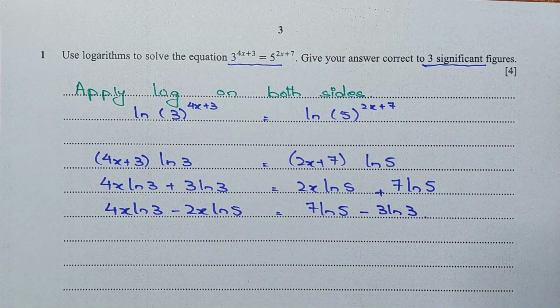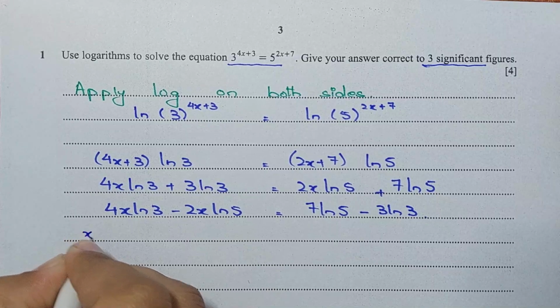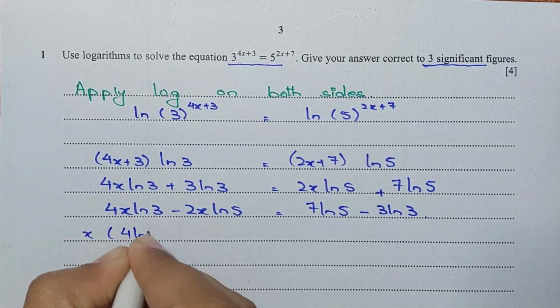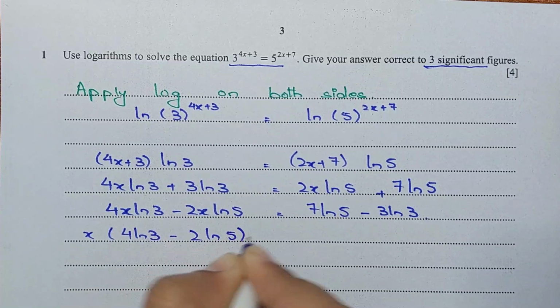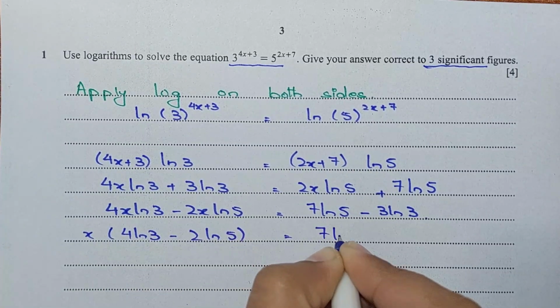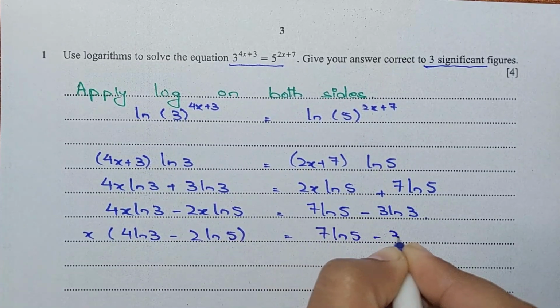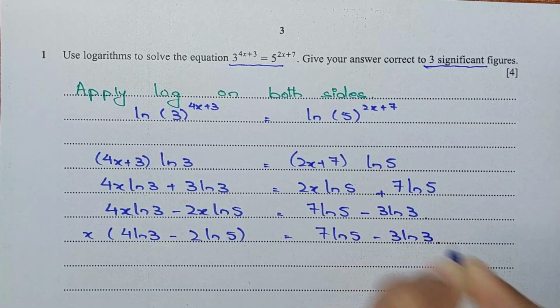Now let me take x common. Here we have x times 4 natural log of 3 minus 2 natural log of 5 equals 7 natural log of 5 minus 3 natural log of 3.